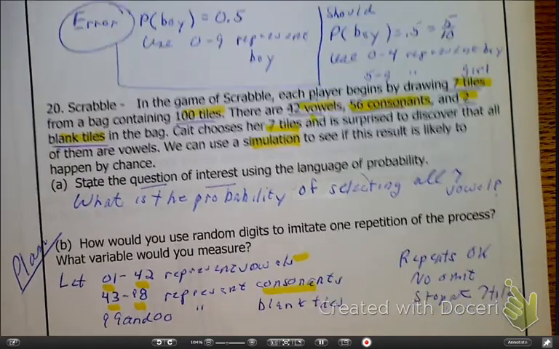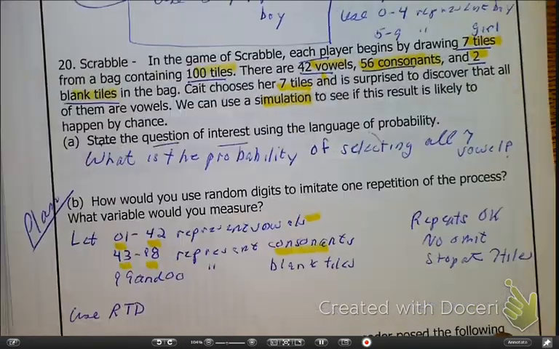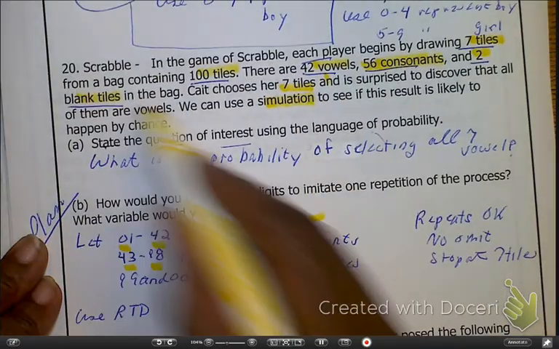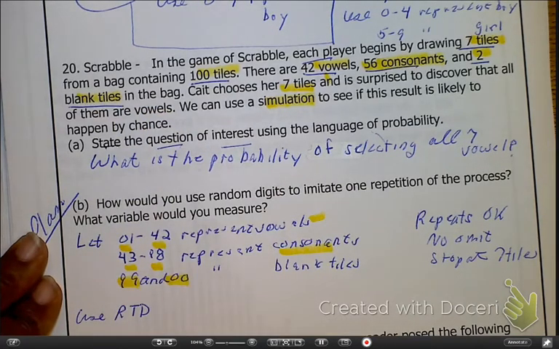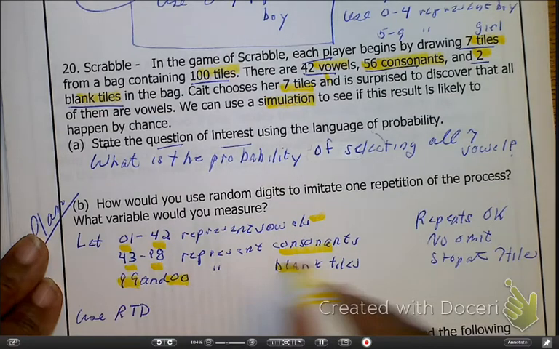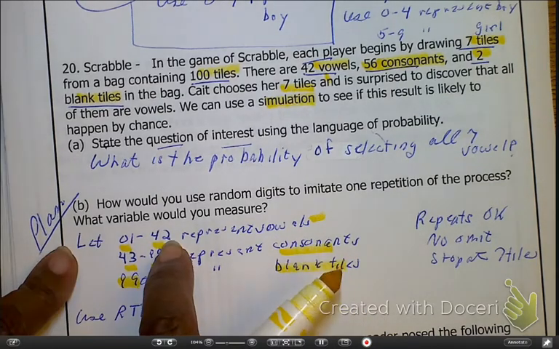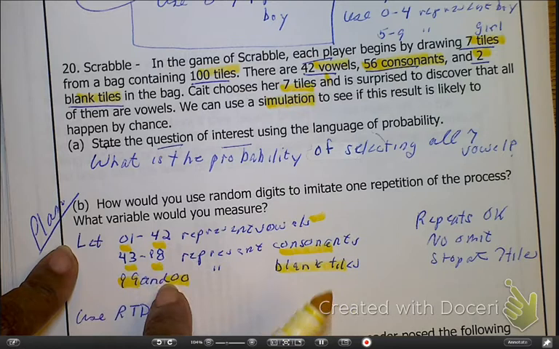And then the 2 blanks are numbers 99 and 00. So here's 42 and 56 and 2, which gives us 100.